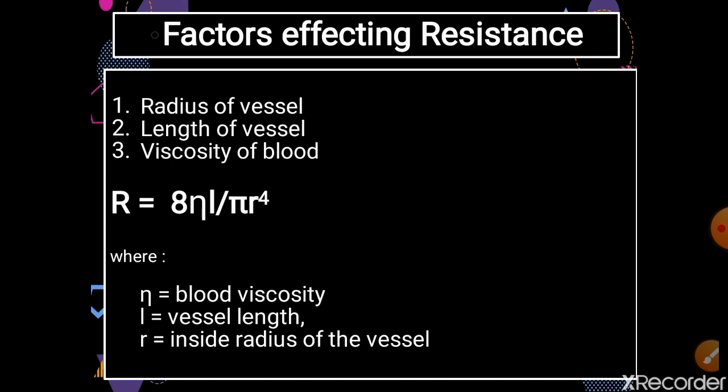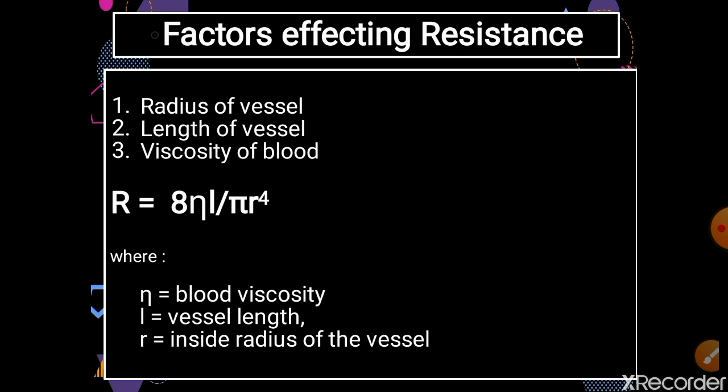Factors which affect resistance are the radius of the vessel, the length of the vessel, and the viscosity of blood. The formula which is used to calculate resistance, keeping in mind these factors, is as follows.